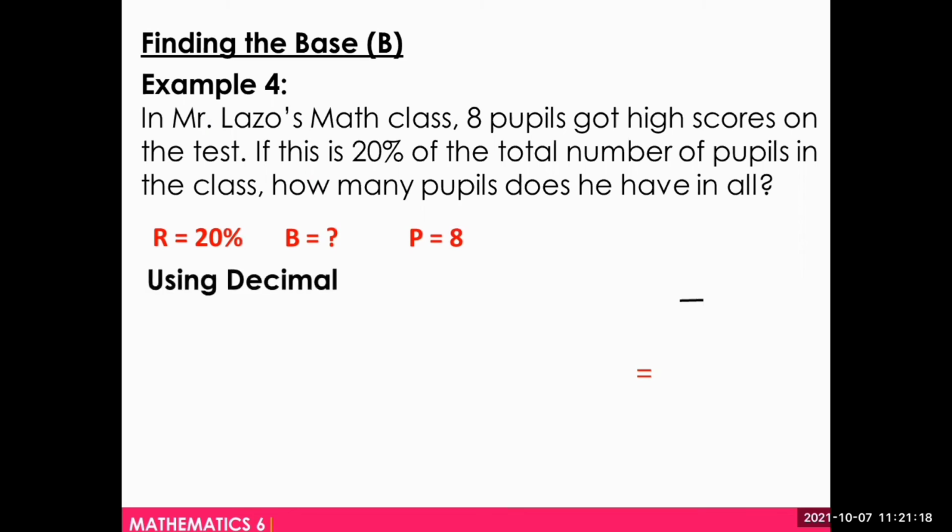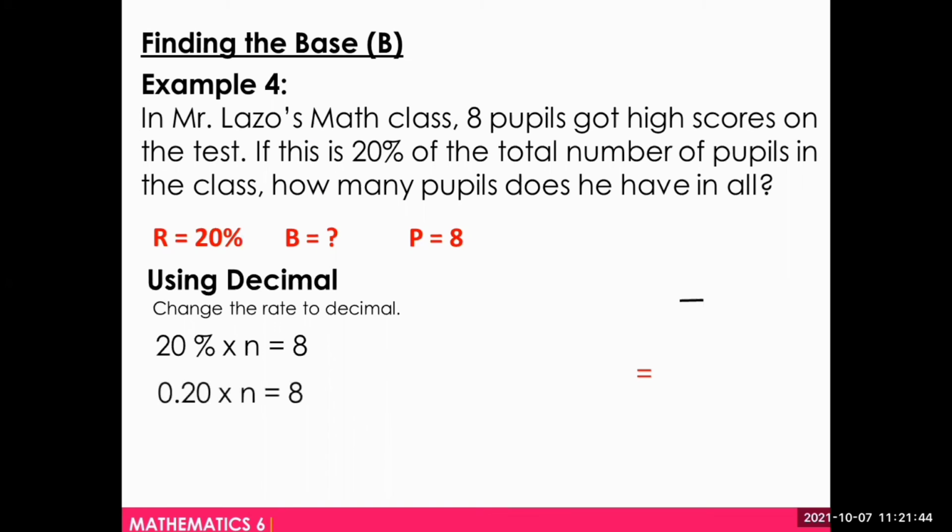Now using decimal, isolve natin ang word problem na ito. Just change the rate to decimal. Ang equation natin, 20% times N equals 8. N represents the unknown. So ang hinahanap natin ay base. I-change natin ang 20% to decimal. 20 divided by 100 equals 0.20 times N equals 8.